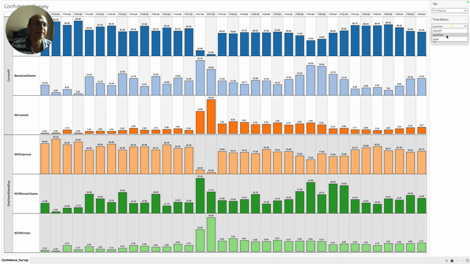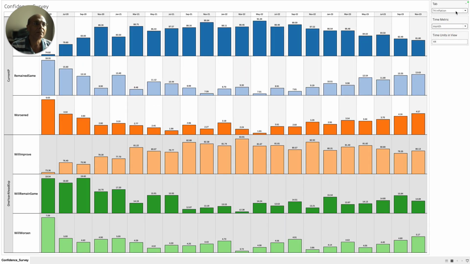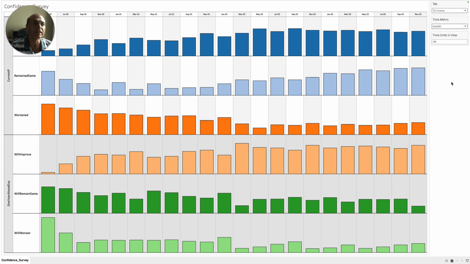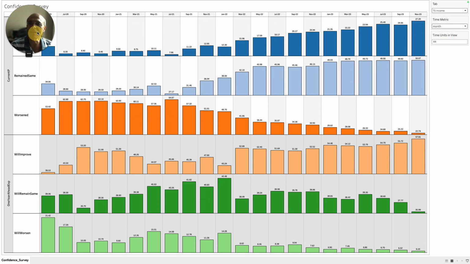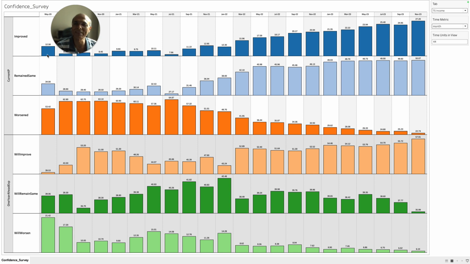Now let's look at the other dimension. Let's look at income. This is very interesting. Most of the people believe that the income perspective has improved, right? There's a rising trend here from an income perspective, and 27.5% of the people are saying that the income situation has improved, and an even larger segment of the population is saying that the situation has remained the same.